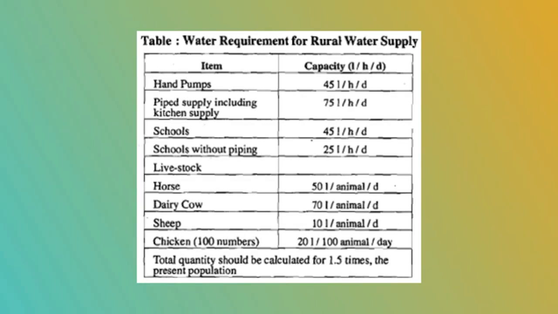Livestock like a horse, 50 liters per animal per day. Dairy cow 70 liters per animal per day. Sheep 10 liters per animal per day. Chickens, 20 liters per 100 animals per day. So the total quantity should be calculated for 1.5 times the present population.